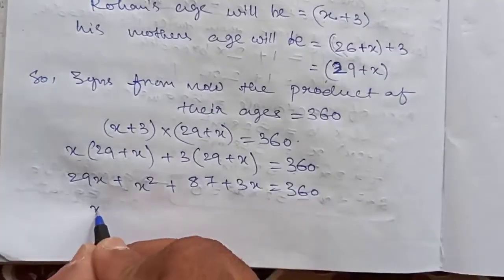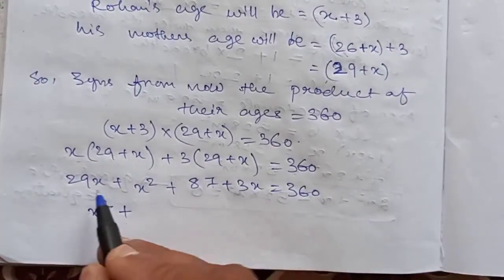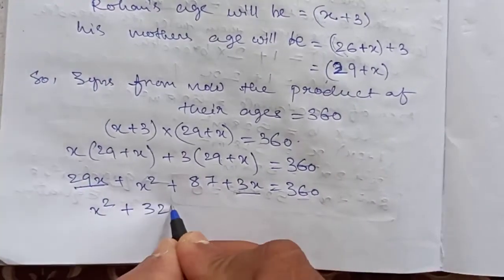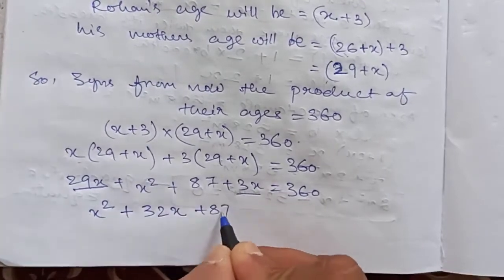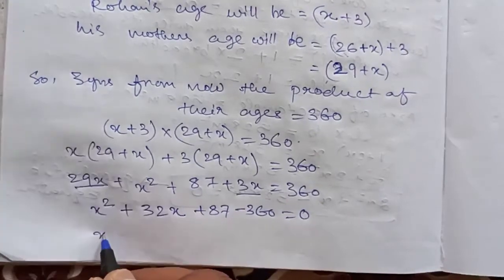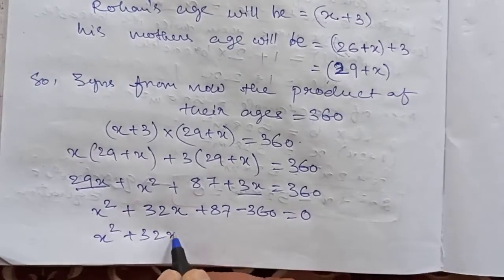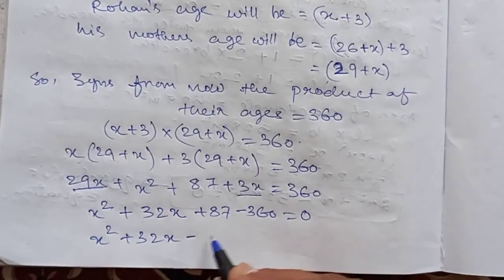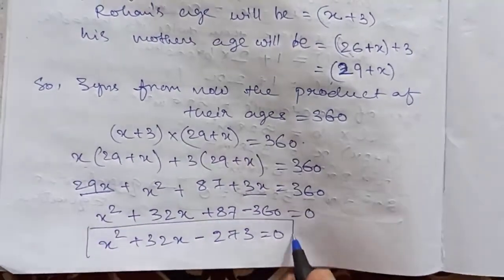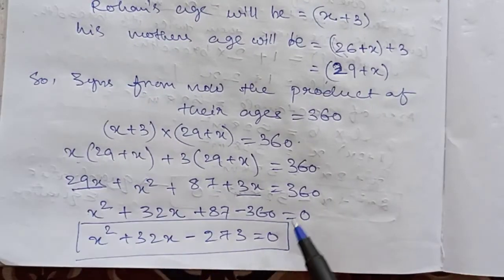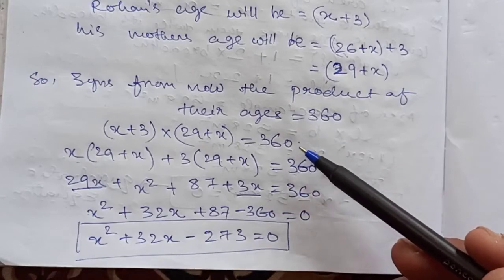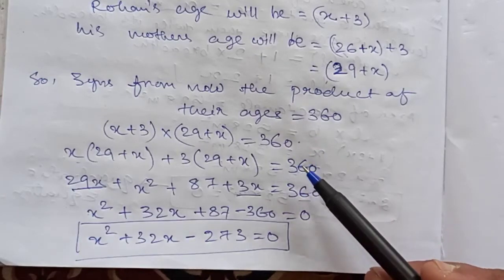So we will get x square plus 3x plus 29x, which is 32x, plus 87 minus 360. Bring this 360 to this side. So it will be x square plus 32x minus 87 minus 360, which is 273, equals 0. This is the quadratic equation which we got from the statement. In this way you have to solve whenever it comes to the ages of any two persons.